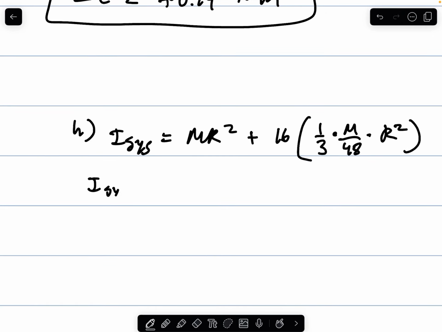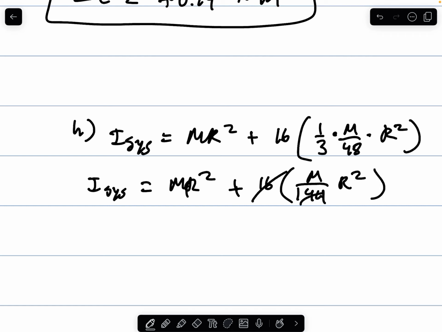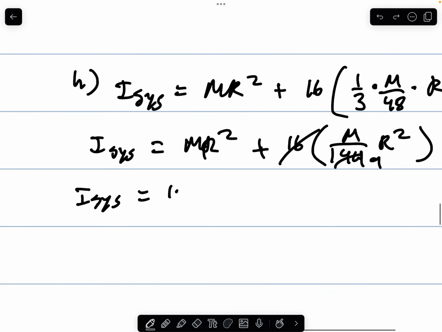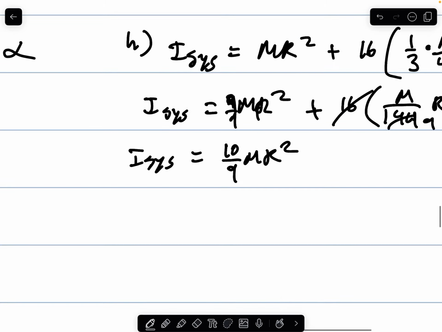So now I just simplify. This is going to become 9 over 9 plus 1 over 9, which is 10 over 9 mr squared.